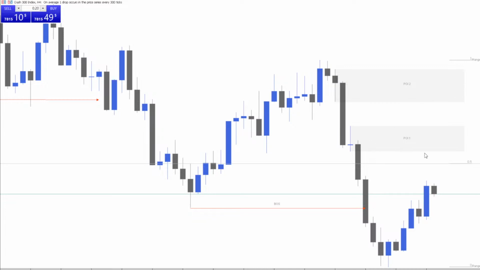So having marked this, we can see that we have imbalances on both of these. We have imbalance here and we have imbalance here. So price may want to come into POI 1 and then we'll begin to see that reaction to the downside, or price may come into POI 2 before that reaction to the downside continues, right? That realignment of the order flow, so to say.